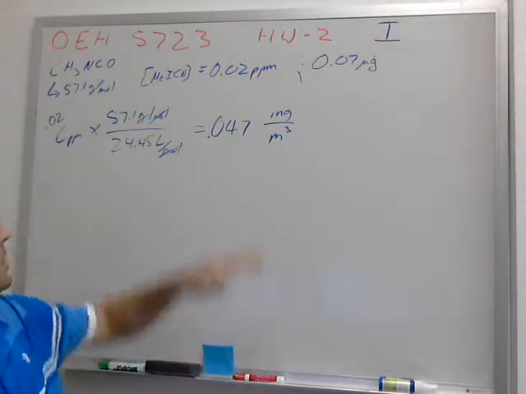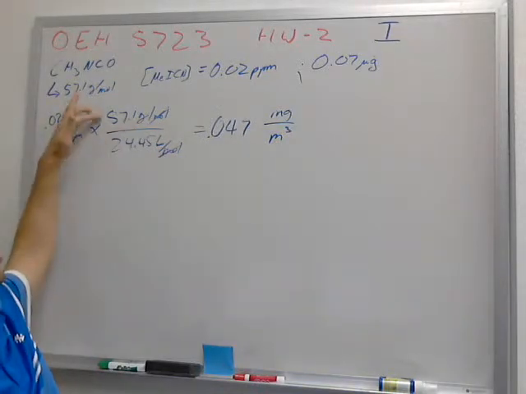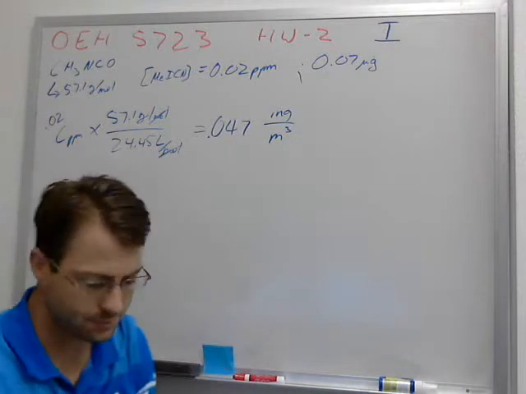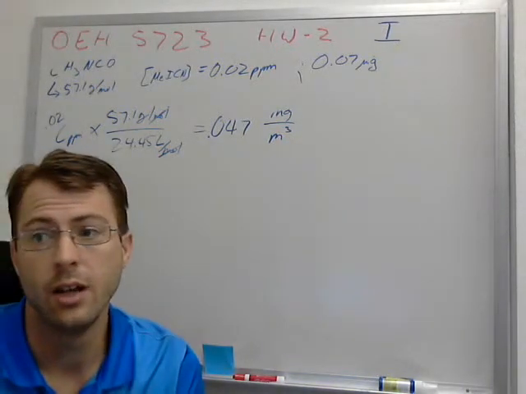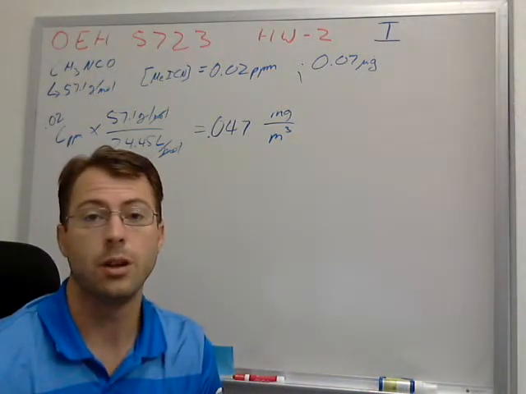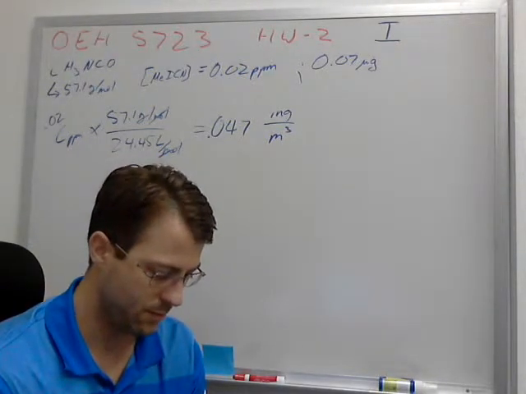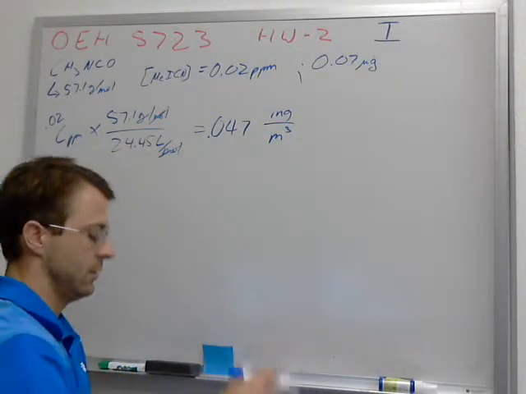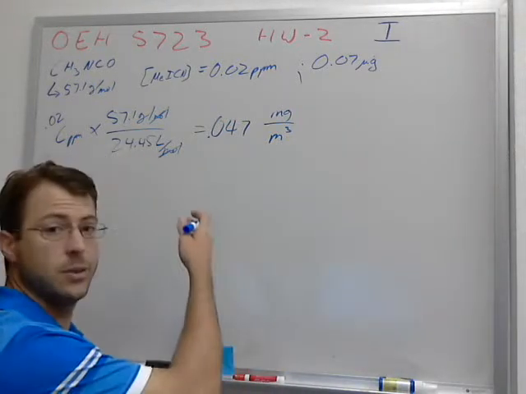And that makes sense because we're going from 0.02, multiplying by roughly twice as much. So 0.047. And also the NIOSH Pocket Guide tells us that there's a conversion factor of 2.34 milligrams per cubic meter for every ppm. So 0.02 times 2.34 is also 0.047. So the NIOSH Pocket Guide can be your friend in a lot of ways. In this case, I want to see you work it out.